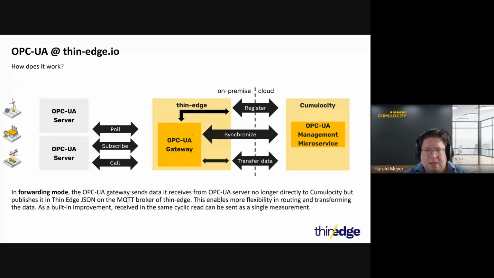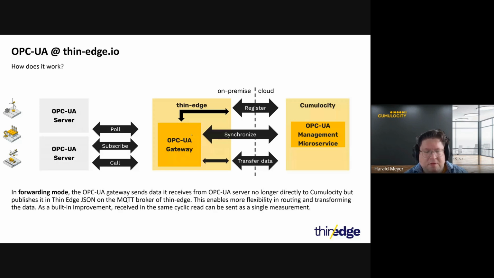And then in thin-edge, you can either have the Cumulocity mapper, which is a standard component, directly map the data into Cumulocity format and send it to Cumulocity, or you also have the option to have other custom modules running in thin-edge that take the data, transform it, and only then send it to the Cumulocity mapper.